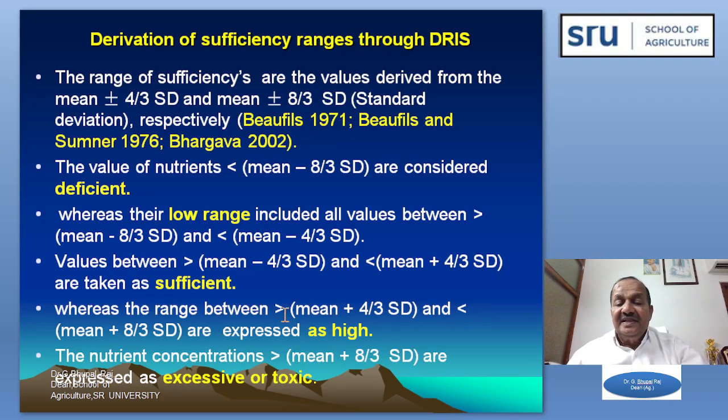The range between more than mean plus 4/3 SD and less than mean plus 8/3 SD is expressed as high. A nutrient concentration more than mean plus 8/3 SD is defined as excessive or toxic. Like that, we can arrive at the values for the particular crops as deficient, low, sufficient, high, and excess, and categorize them.